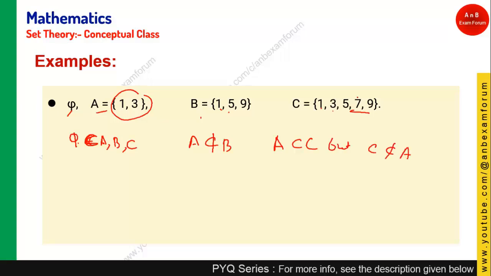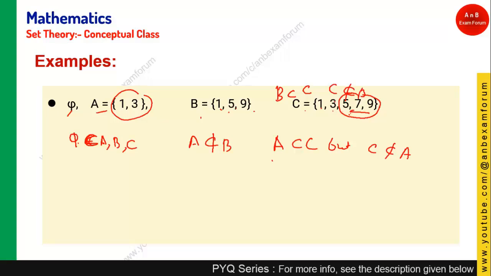Because 5, 3, 9 elements are there which are not present in set A. So A is a subset of C, but C is not a subset of A. Similarly, B is a subset of C. Why? 1, 5, 9 are present in C, but again C is not a subset of B because the extra elements are not present in the other set.